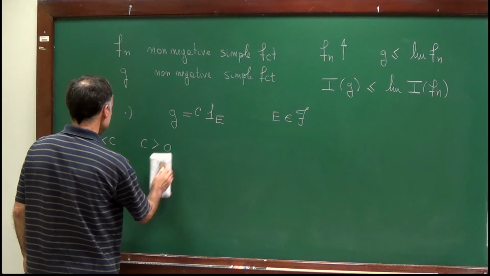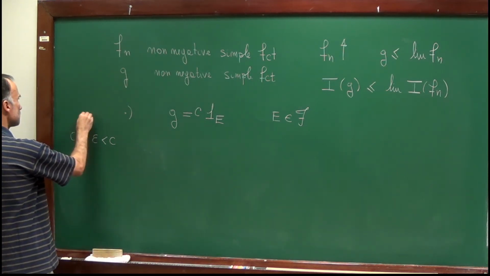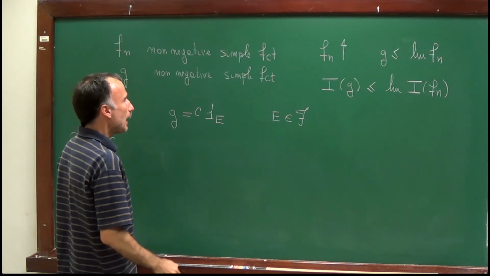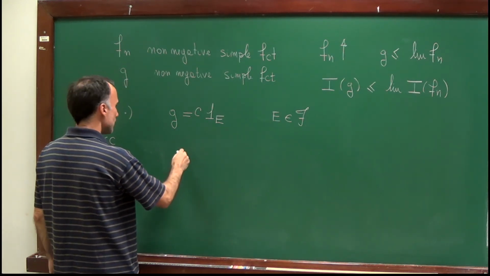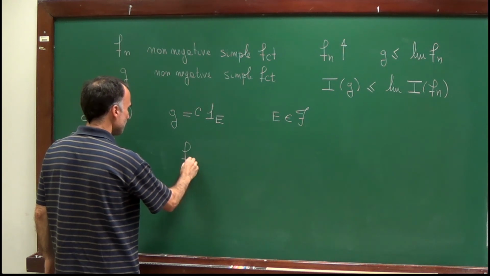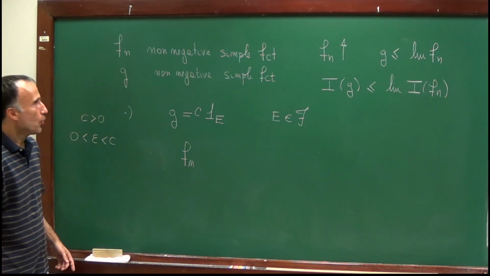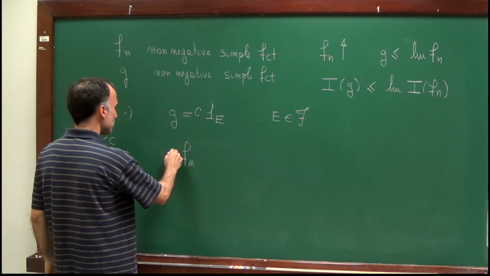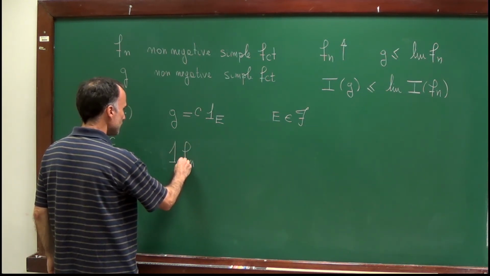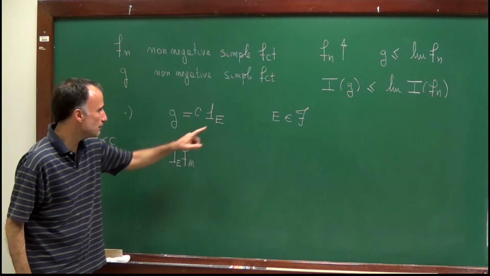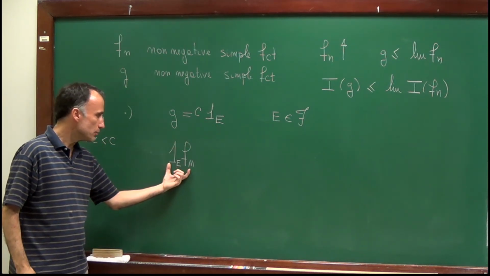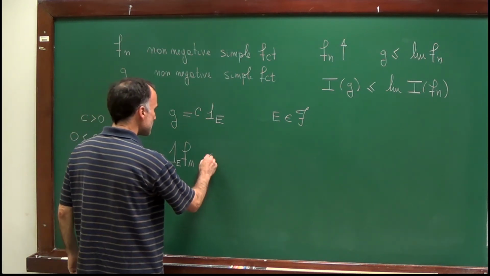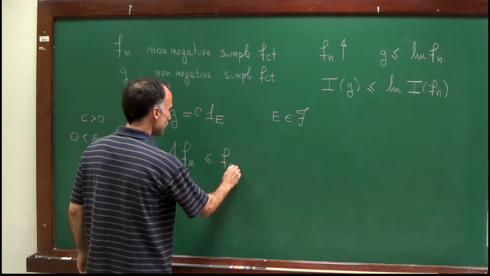So let me consider the function fn. Fn is a simple function, so if I multiply fn by the indicator of the set E, I obtain a new simple function, which is, of course, less than or equal to fn.